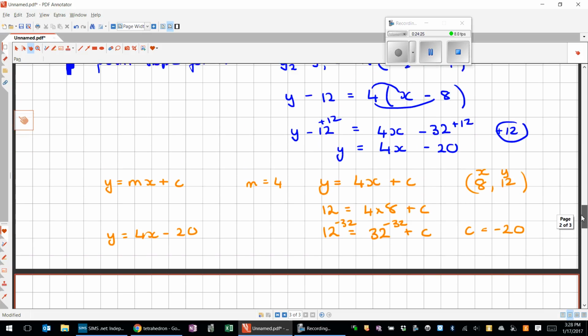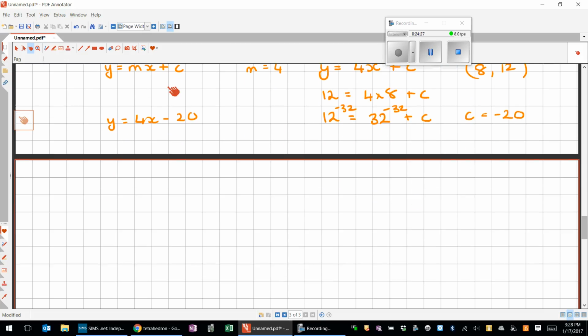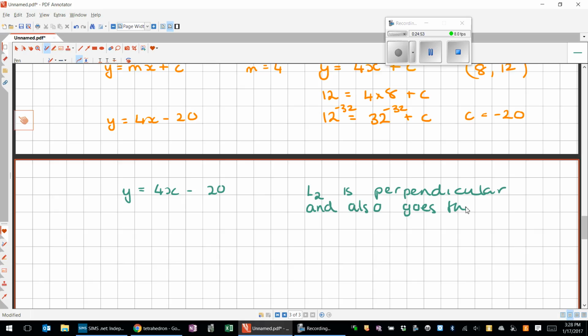Now, what was confusing some people was, let's say that we now know that we've got y equals 4x minus 20. What if I said to you L2 is perpendicular and also goes through 8, 12?